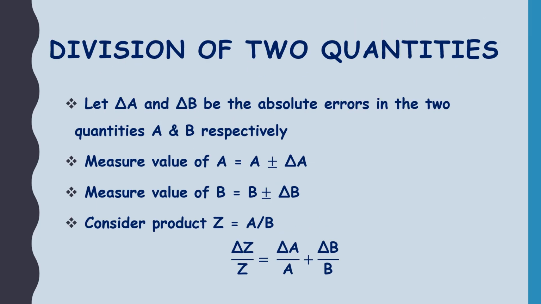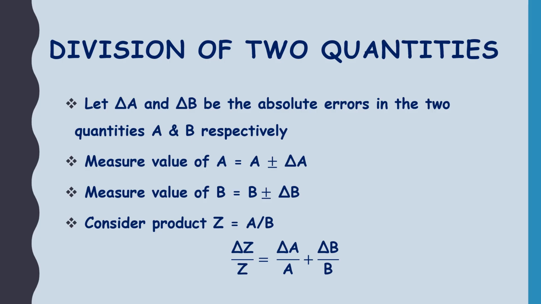Next is error in the division of two physical quantities. Now consider that z is equal to a divided by b, and the observed value of z is z plus minus delta z. The observed value of a is a plus minus delta a, and of b is b plus minus delta b.